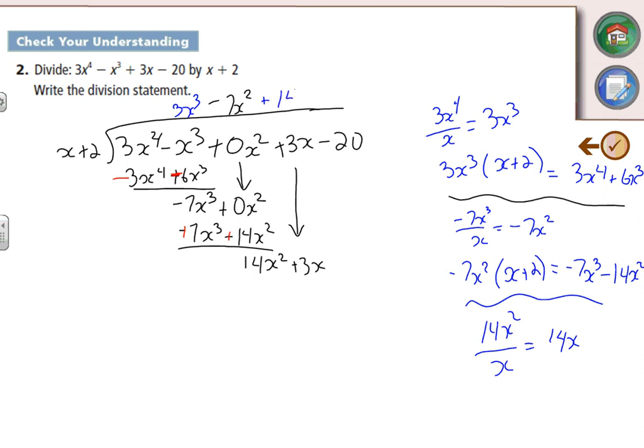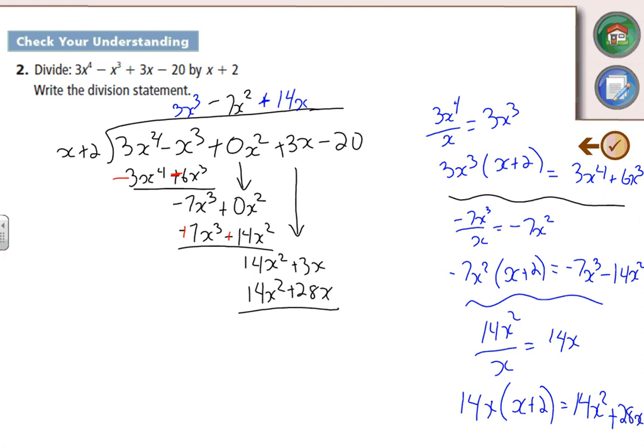That's positive, so positive 14x up there. And expand. 14x multiplied by x plus 2 gives us 14x squared plus 28x. Write that underneath. Change the signs and add. Gives us a negative 25x. Bring down the minus 20.